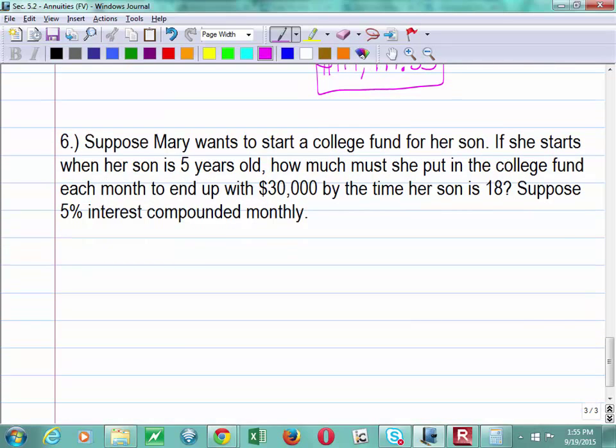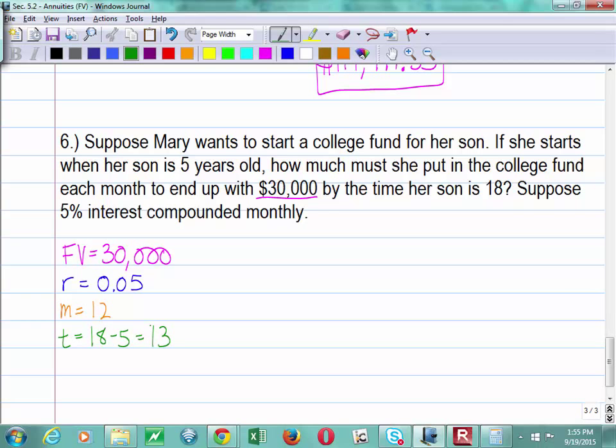Okay, so this time we're trying to find R. We want the future value to be 30,000. Alright, and we have the interest rate is 5%. It's compounded monthly, so M is 12. And the time is from 5 to 18. So 18 minus 5 is 13.